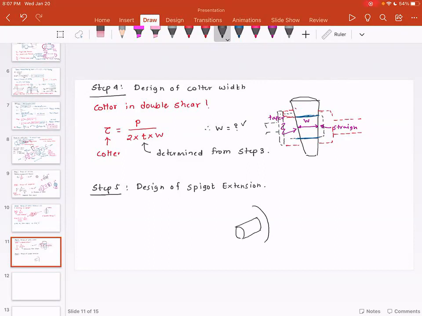So this is spigot. This is spigot collar. And then look at the failure that has occurred over here. So this piece sort of came out.